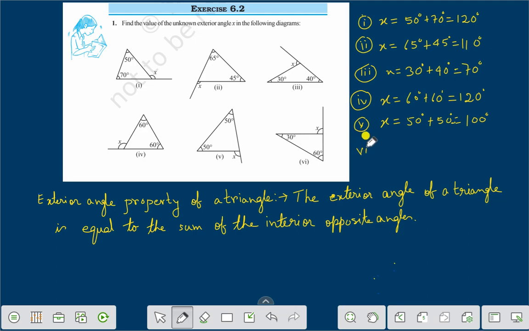Now figure 6. In figure 6 also you see that this x is the exterior angle and these are the two interior opposite angles. Therefore, x is equal to 30 degree plus 60 degree, which is equal to 90 degree.